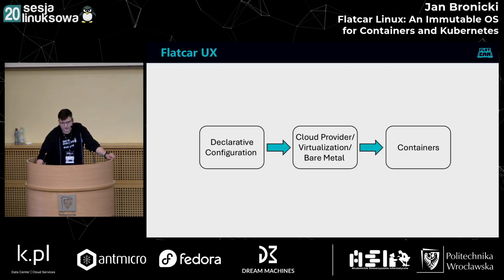So this is the user experience, which we'll show in a bit. You first create your declarative configuration, so you write that YAML file. Let's say I would like a container with my website to be running here on boot. Then you provision that OS image with that configuration, and it just works. At least that's the idea.